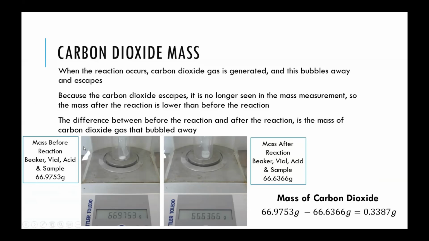So the mass after the reaction is finished is lower than it was at the beginning. The difference between these masses before and after the reaction is the mass of carbon dioxide that escaped and bubbled away. So now you have an actual mass of a direct product, the carbon dioxide gas.